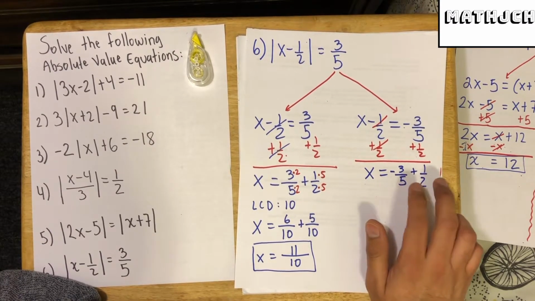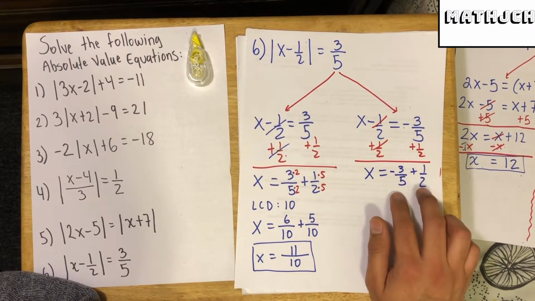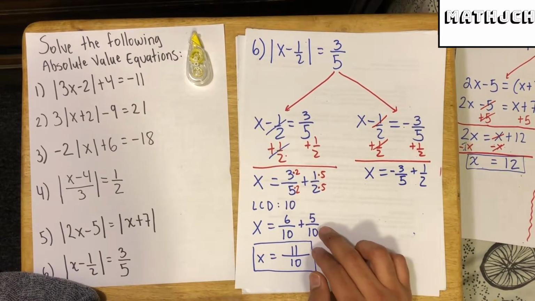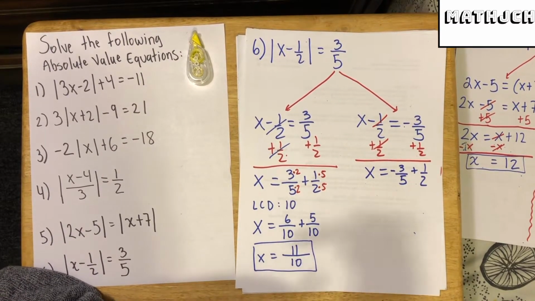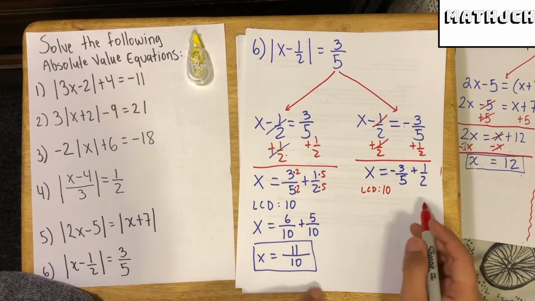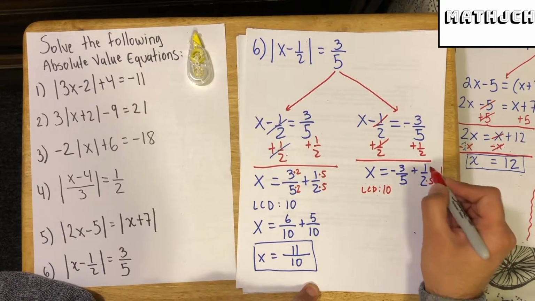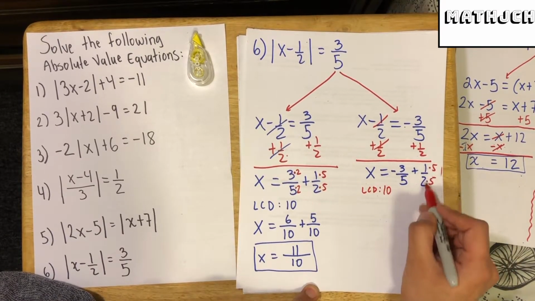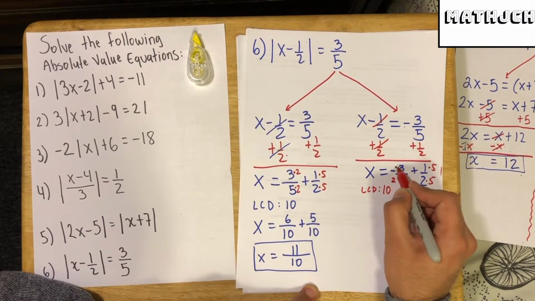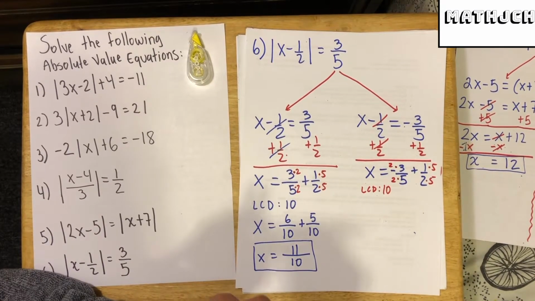In order to add or subtract fractions, I need to have the same denominator. So I'm going to do the same step that I did here in case number 1. So my LCD is 10, right? So I need to multiply this 2 by 5 and also the numerator of the fraction. And the 5, I need to multiply by 2, and the negative 3 times 2.